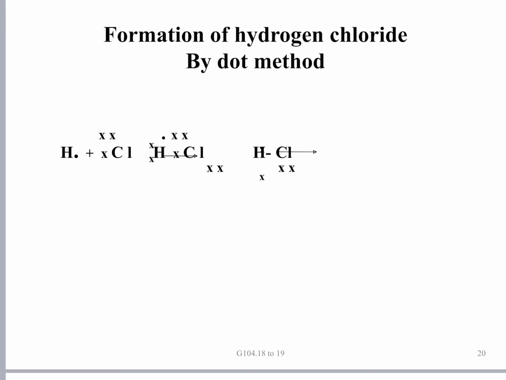Electronegativity means the power to attract the bonding pair of electrons towards itself. The more the electronegativity, the more the power with which the bonding pair of electrons is attracted.